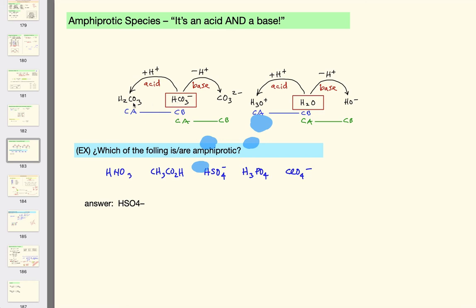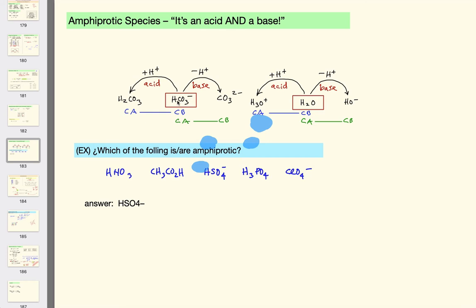Okay, so here we go. So H2CO3 can only be an acid. It can donate a proton and form the bicarbonate. So this is an acid. Carbonate, on the other hand, can only be a base. It can't give up any protons. It can't be an acid, but it can absorb a proton and become a base. But look at bicarbonate. It's amphiprotic.